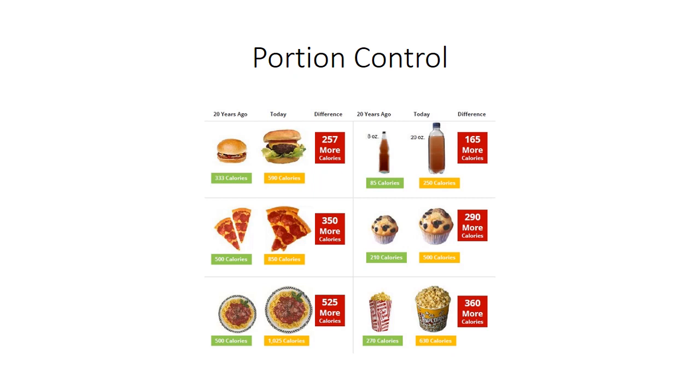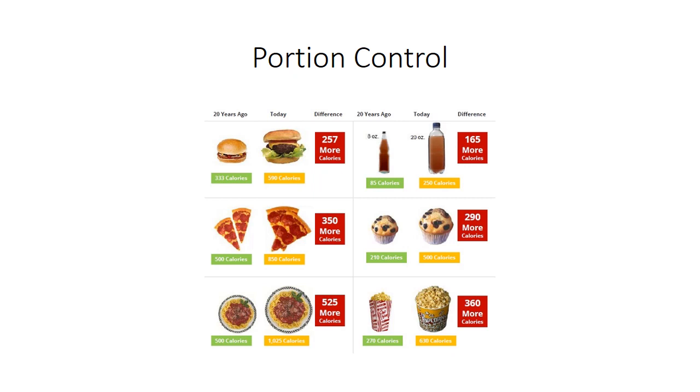20 years ago, here you see there was a hamburger served in McDonald's, and it gave you 333 calories. Nowadays, you order a hamburger in McDonald's, or especially in specialized restaurants like, in Starkville, there is a place called Mugshots, and it specializes in making different exotic burgers.